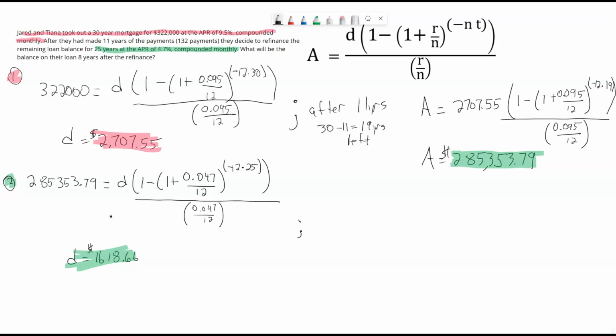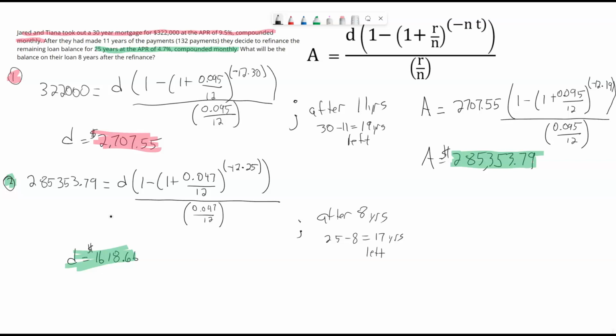And then we want to know how much we owe to the bank after 8 years of this refinance loan. So after 8 years, it was a 25-year mortgage, we still have 17 years left.